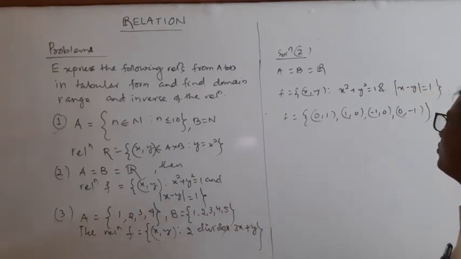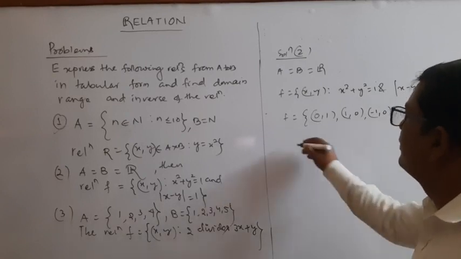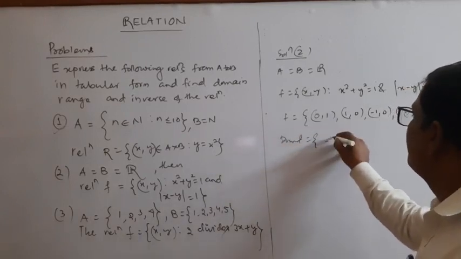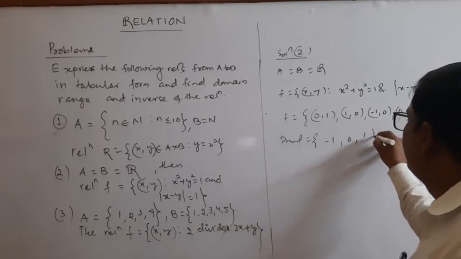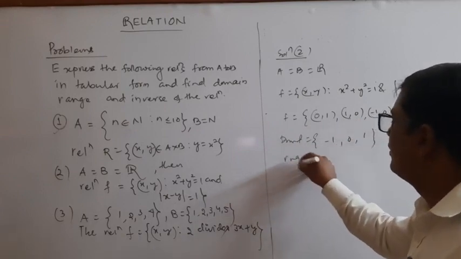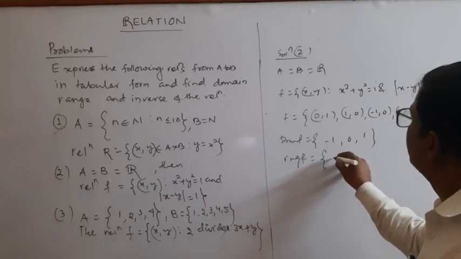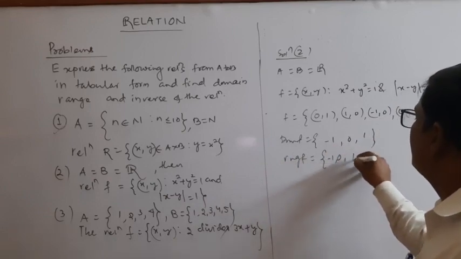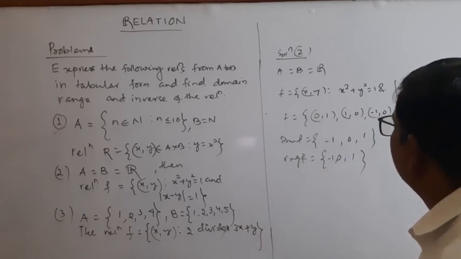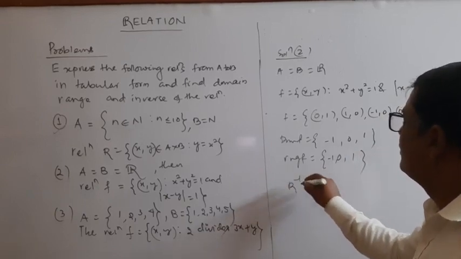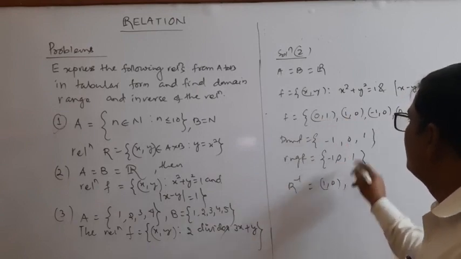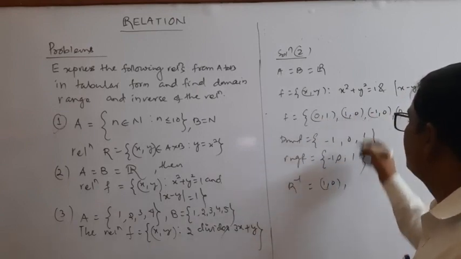What is dom f here? Dom f is equal to what? First elements: -1, 0, 1. Range f equal to second elements. Same thing here, that is -1, 0, 1. Then R inverse: (0, 1), (1, 0) become (1, 0), (0, 1).